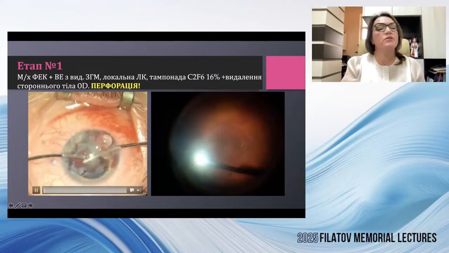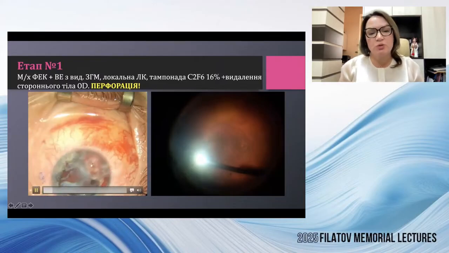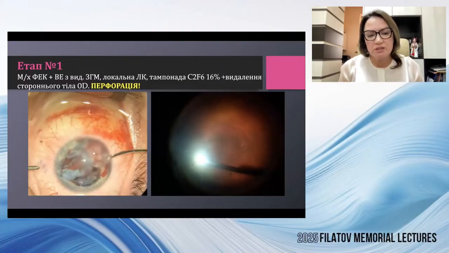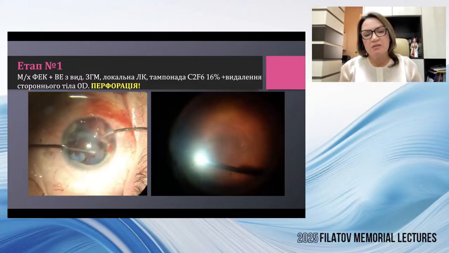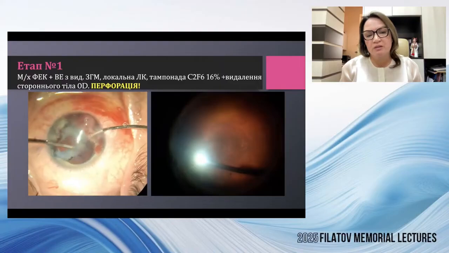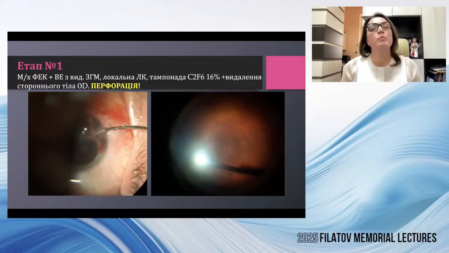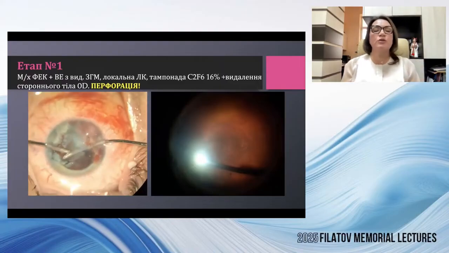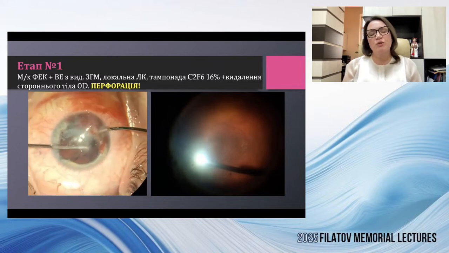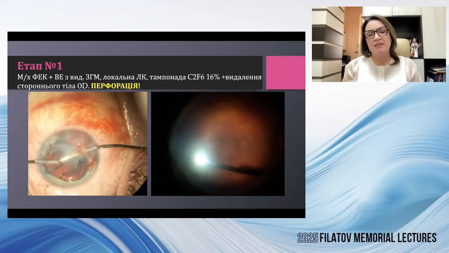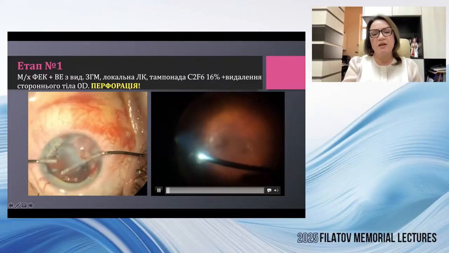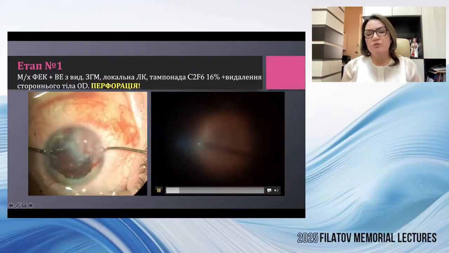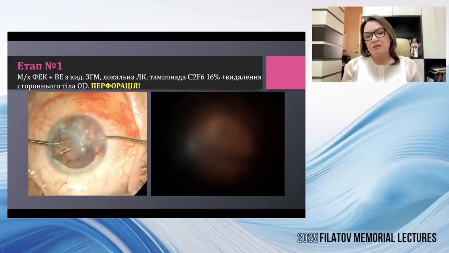From the very beginning, we decided to conduct a combined surgery of both chambers. During the removal of the cataract, we discovered that the corneal sutures were imperfect, so we replaced them. Then we moved to the posterior chamber.